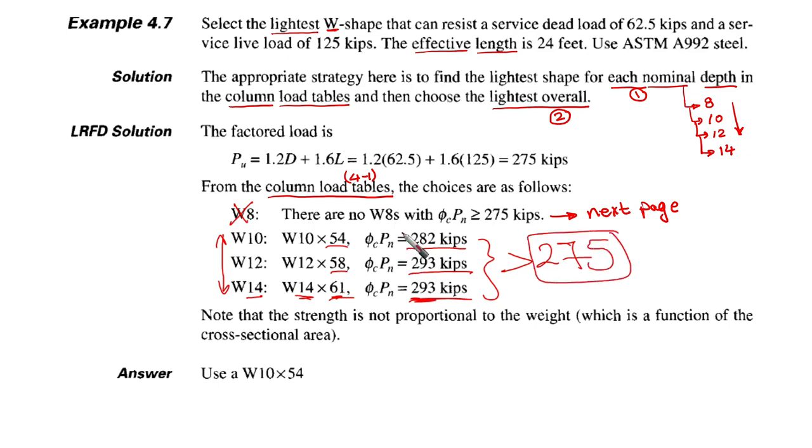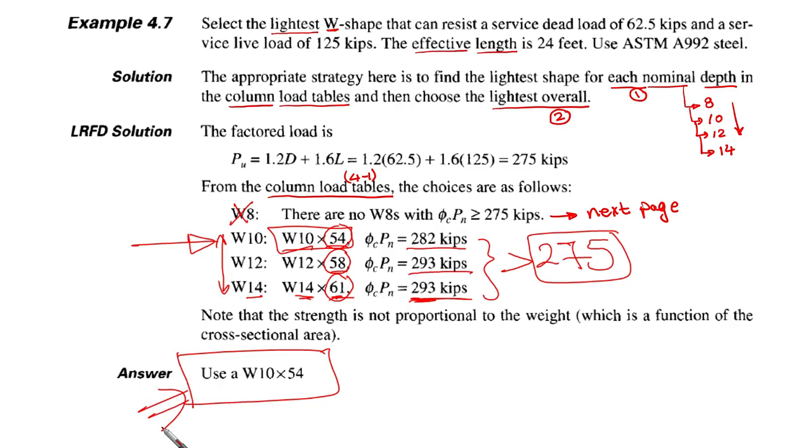We are going to check which one is the least in terms of weight. The first section, the weight is 54 per unit length. Here 58 per unit length. Here 61 per unit length. So we are going to use the least one, which is exactly W10 by 54, and this is our final design section.